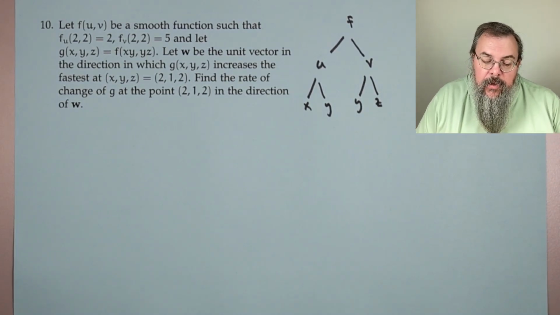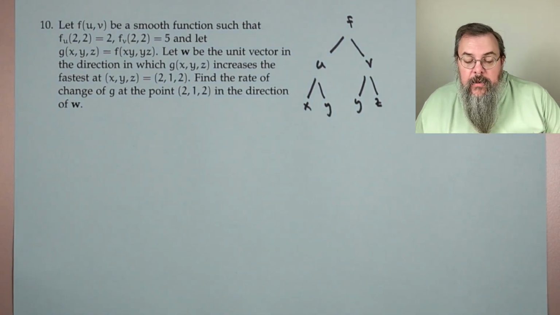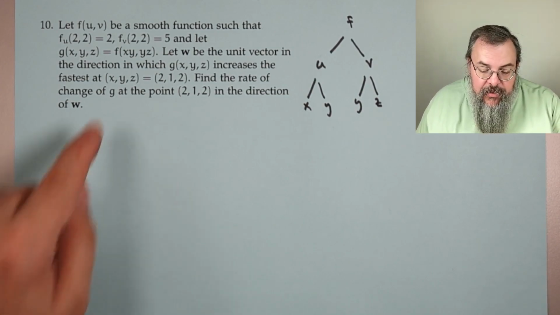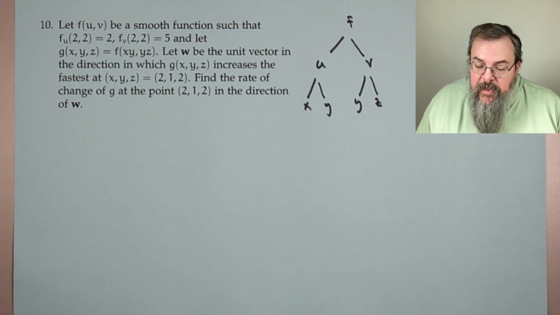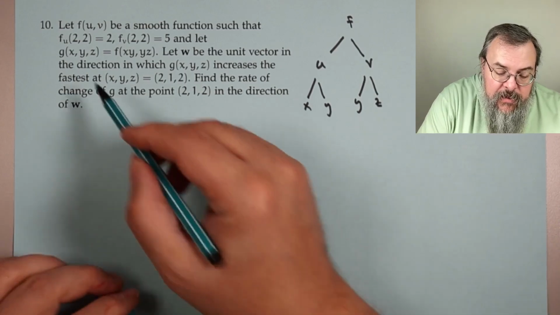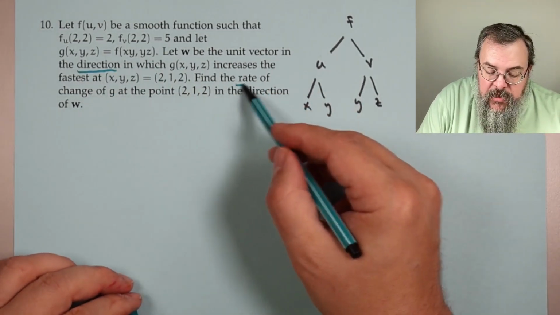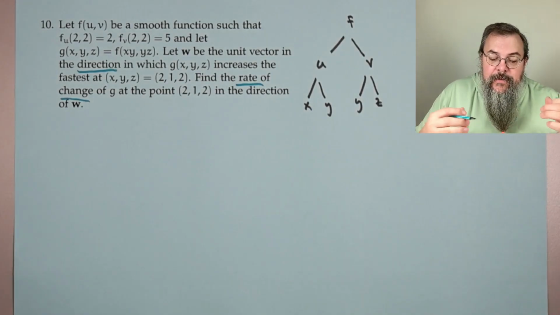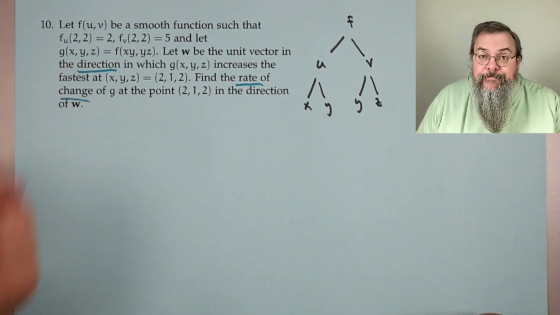Now, what do we need to do? We're talking about direction, and we also have words like rate of change, which means derivative. So it's a directional derivative for g.